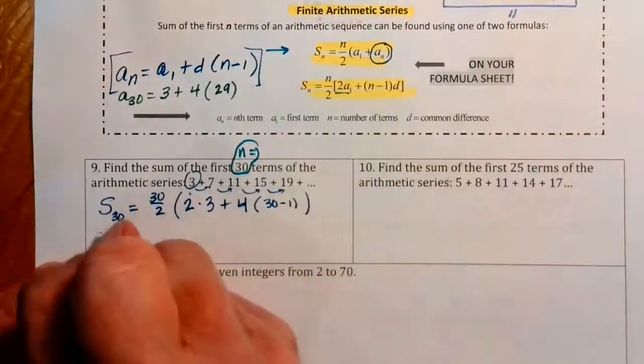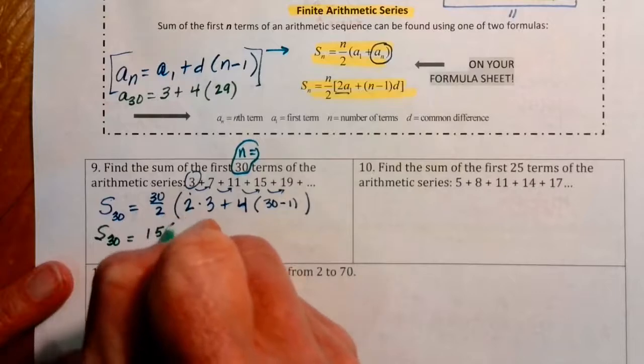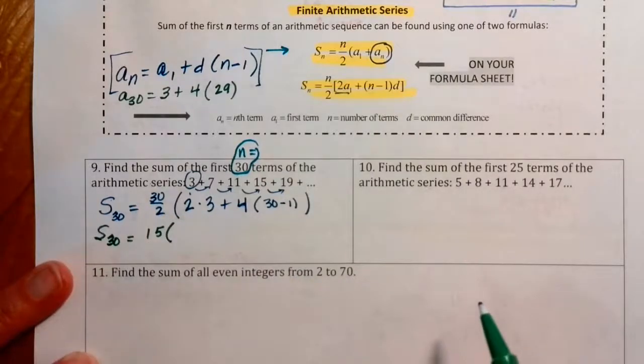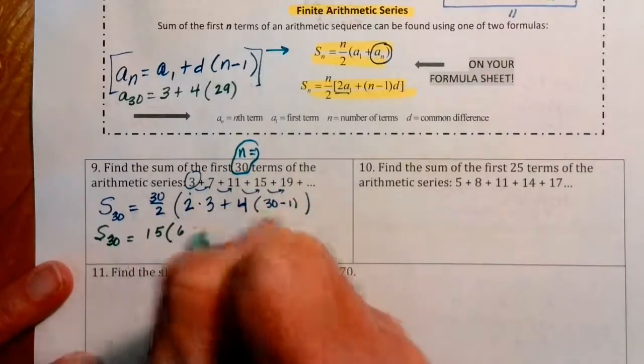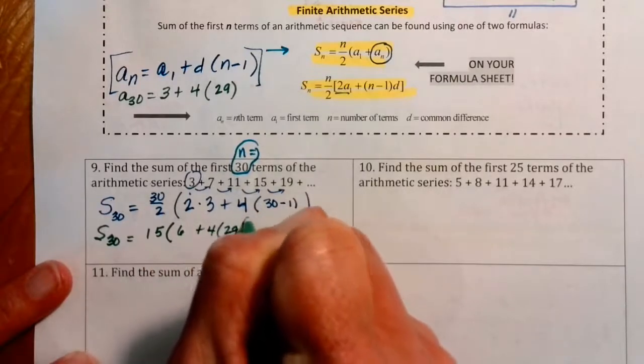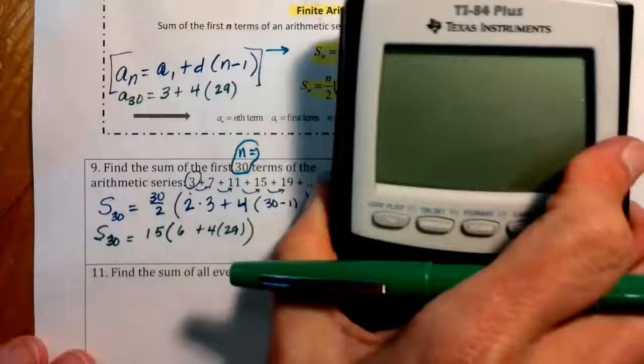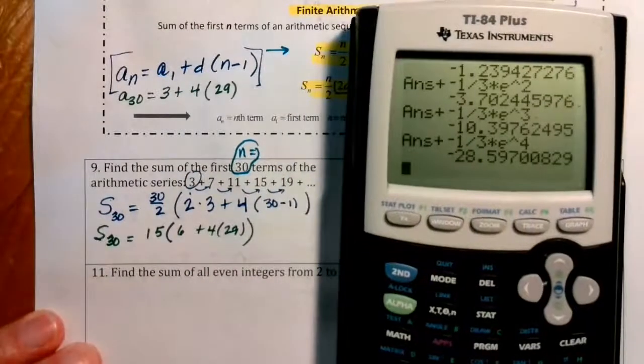All right, so my S, my sum of the first 30 terms, is equal to 15 times 2 times 3 is 6, plus 4 times 29. And if you want to make sure you're not screwing up the math, go ahead and get your graphing calculator.